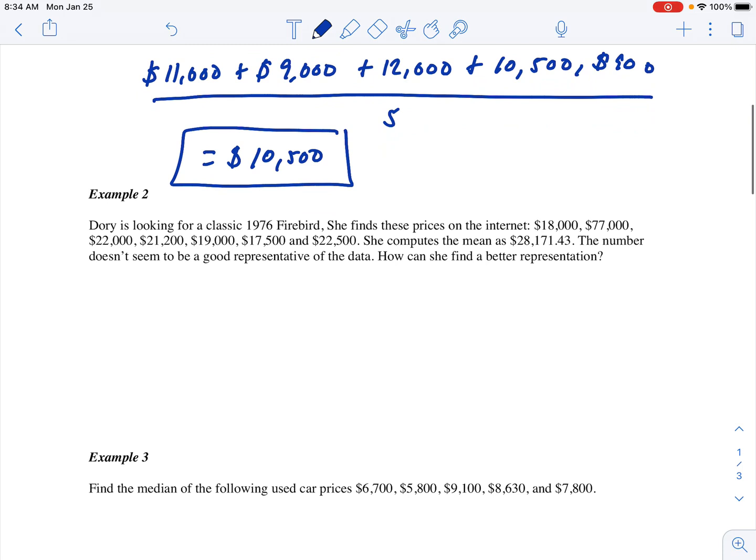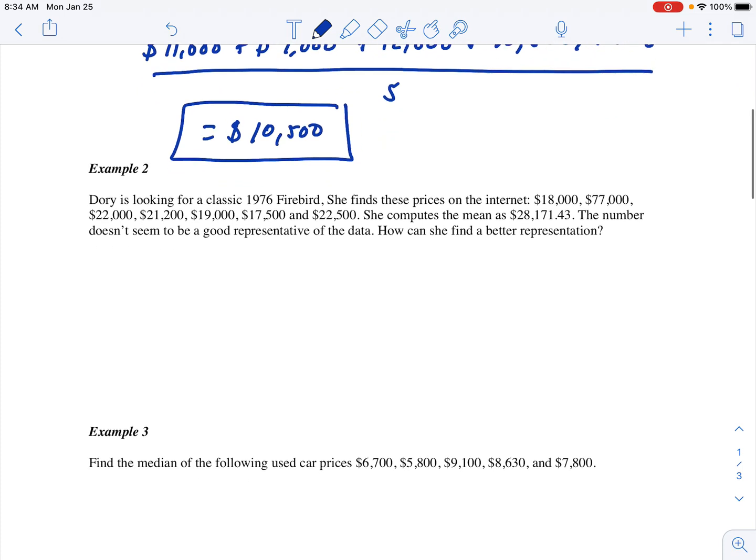Okay, so let's take a look at example 2. It says, Dory is looking for a classic 1976 Firebird. She finds these prices on the internet: 18,000, 77,000, 22,000, 21,200, 19,000, 17,500, and 22,500.